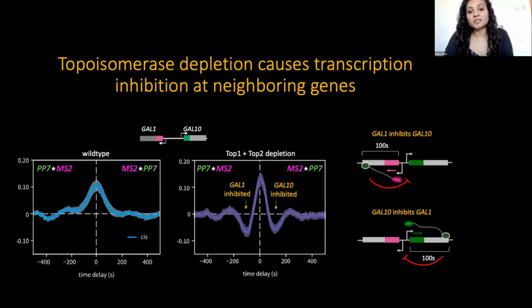But what's super cool is that we also start to observe these valleys at -100 seconds and +100 seconds. And so if you recall, 100 seconds is how long it took to transcribe these genes. And so these valleys indicate that the expression of one gene can inhibit the expression of the neighboring gene. So in other words, these two genes can sometimes transcribe simultaneously, but other times only one or the other gene is expressed because they're inhibiting each other.